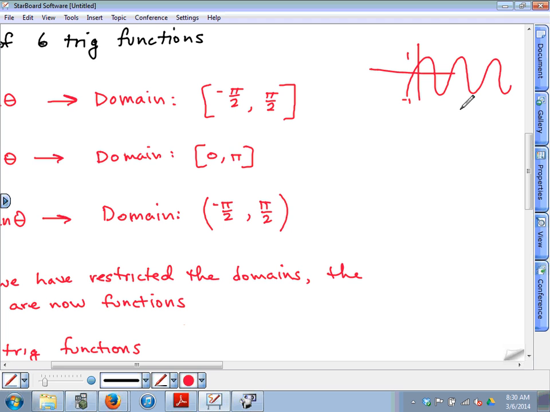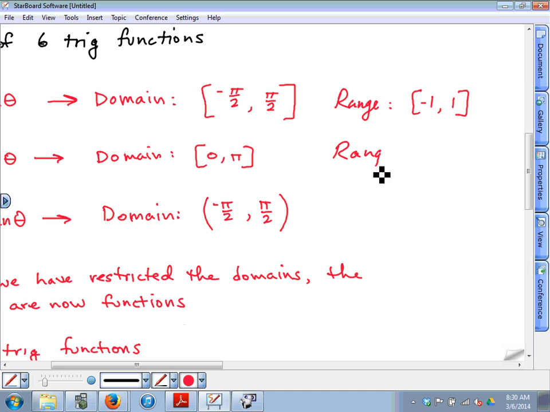So what's the range of the sine function? If it goes no higher than 1 and no lower than -1, the range, let me write this over here, is -1 to 1, including both, and it's the same range for the cosine. The range for the cosine is from -1 to 1. I don't think we graphed tangent in algebra 2.